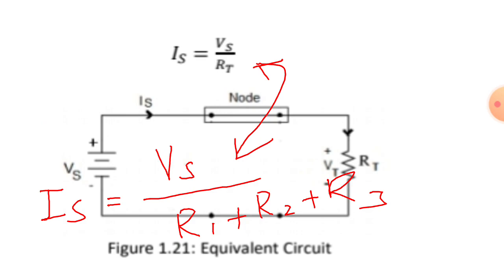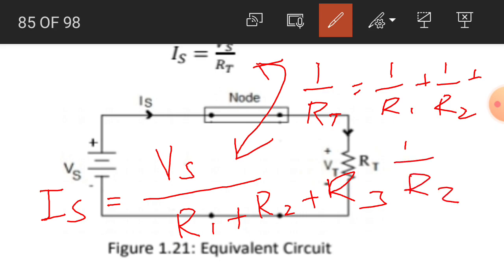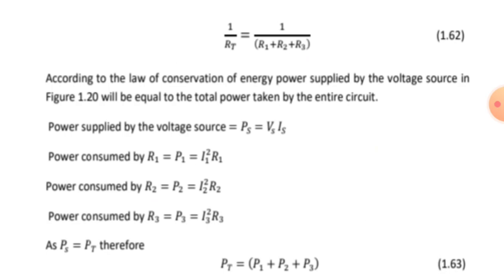If we compare these two equations, you see the total resistance of the parallel combination is given by this equation: 1 over RT will be equal to 1 over R1 plus 1 over R2 plus 1 over R3.